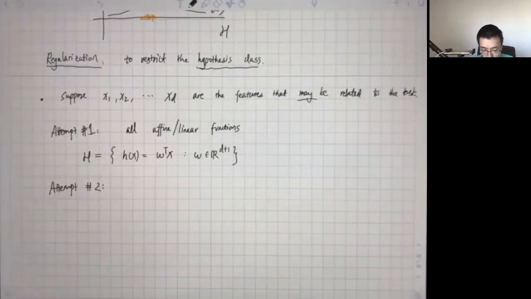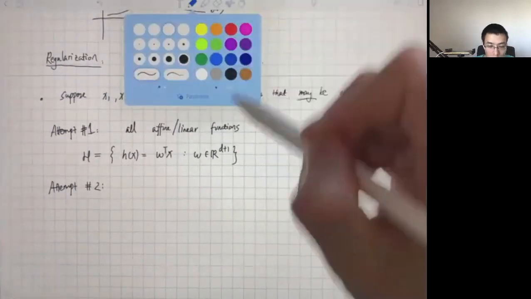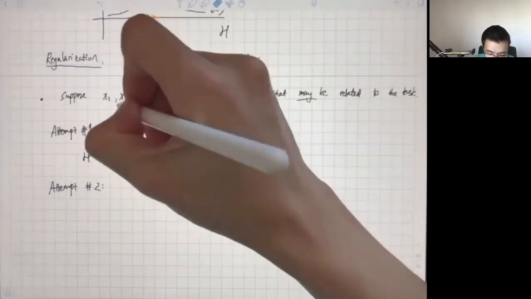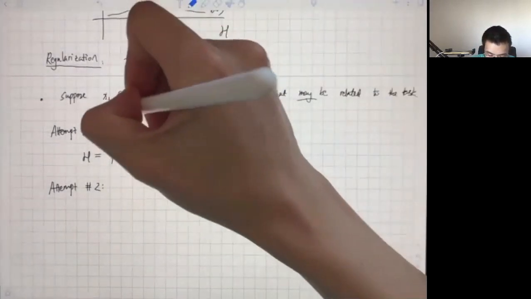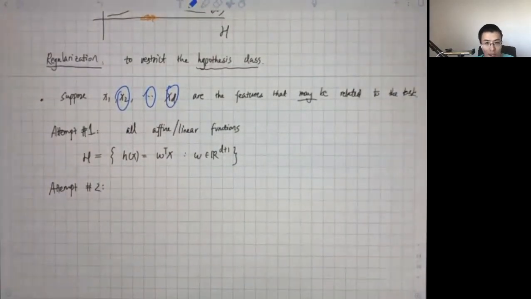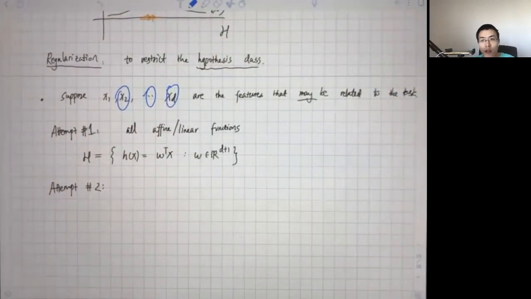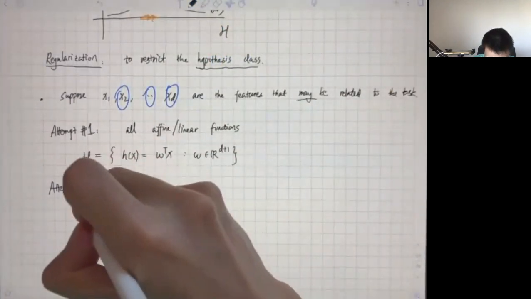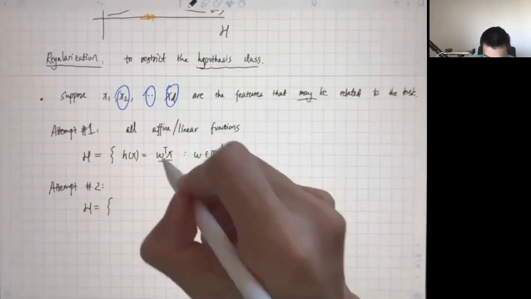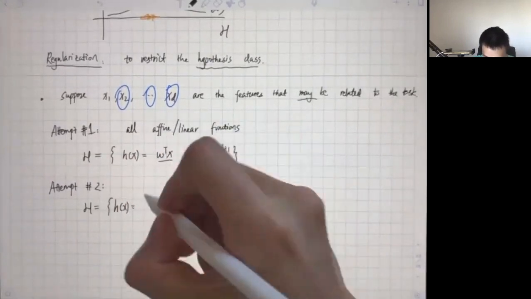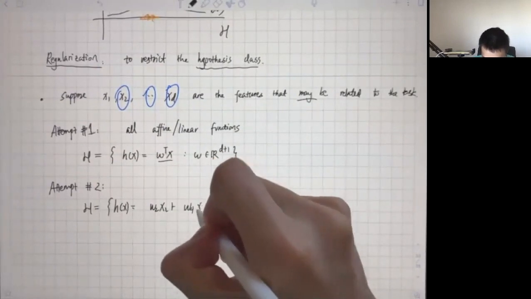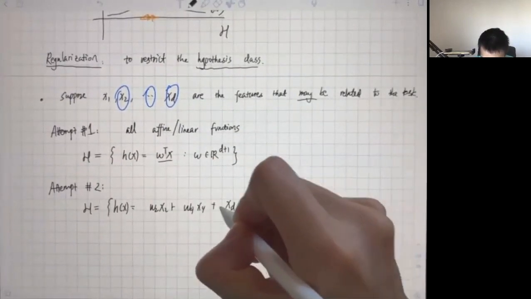My second attempt is that maybe I investigate the problem myself, or I do human learning, and eventually I know that x2, maybe x4, and xd are related to my task, and all other features are either unrelated or negligible. So my hypothesis class this time is still an affine function, but it becomes W2 x2 plus W4 x4 plus xd wd.